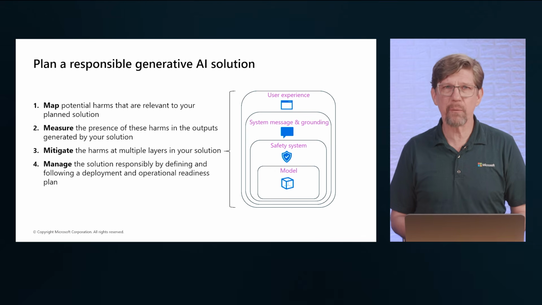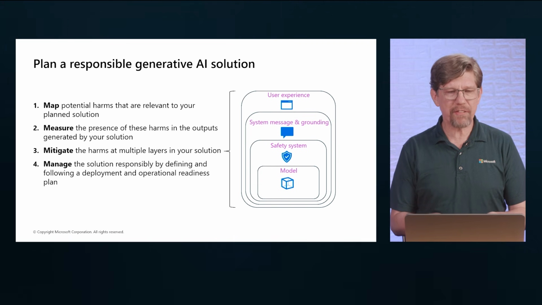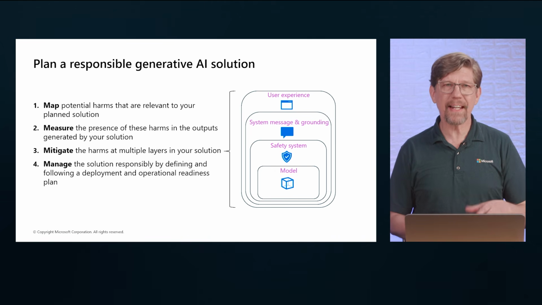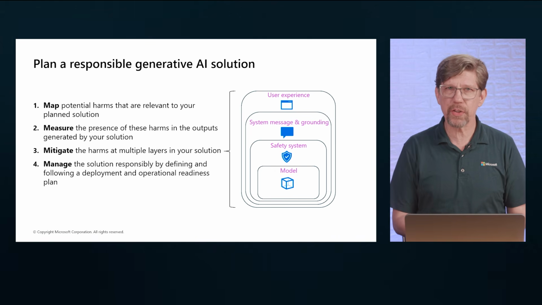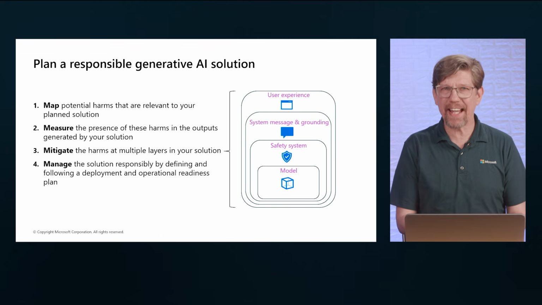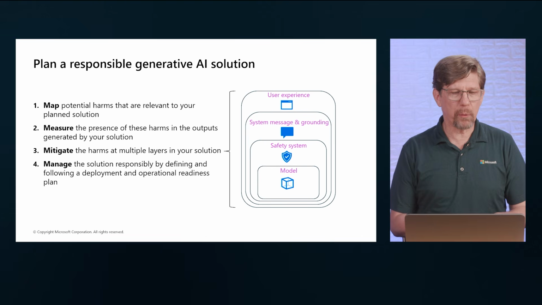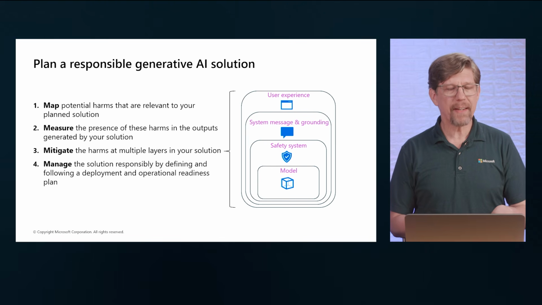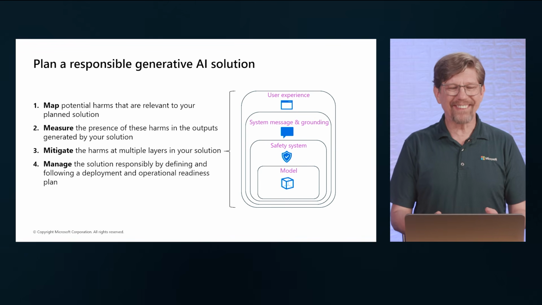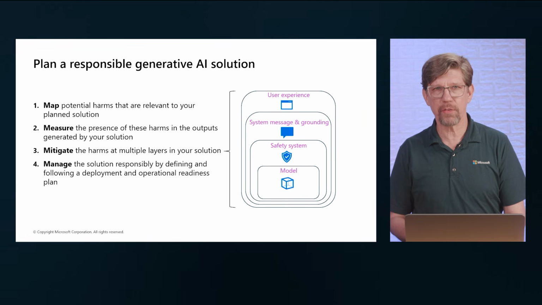So the first thing that we have to do when starting to build these generative AI solutions is to plan for responsible use. And here we've mapped out an approach that can help you plan well. Step number 1 is what we're referring to as mapping. Here we have to take a look at the list of potential harms.